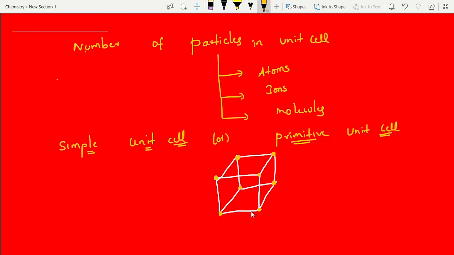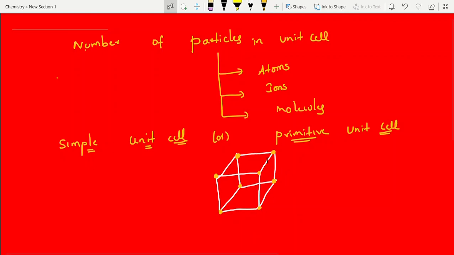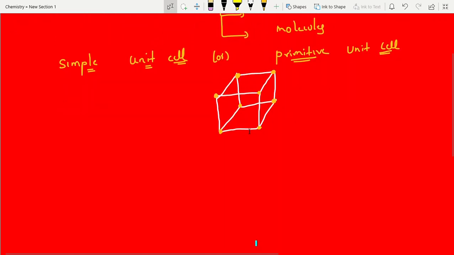So only particles at corners; those we call a simple unit cell or primitive unit cell. Now, how many corners, students? Yes, 8 corners. Number of corners equal to 8.